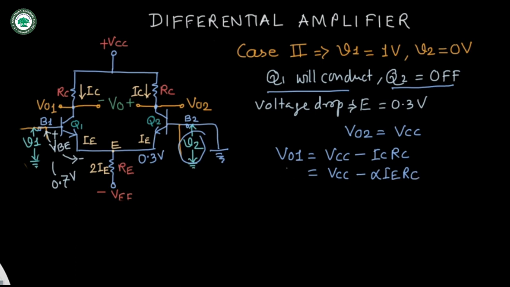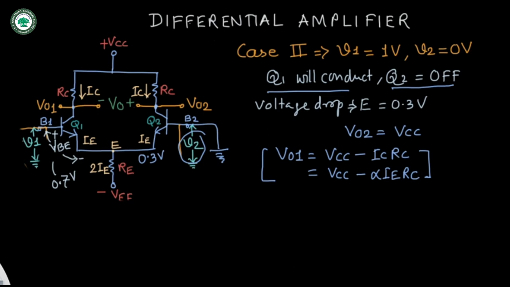So VO1 is equal to VCC minus alpha into IERC. So these will be the two voltages at the collectors of both the transistors.